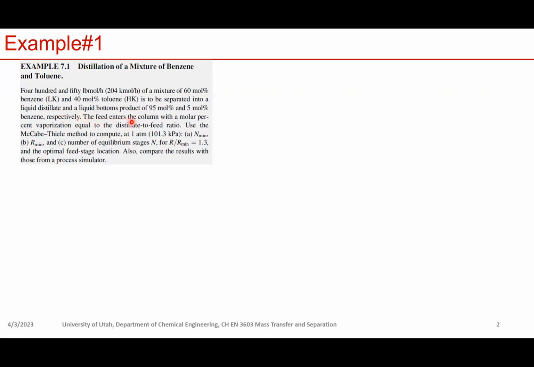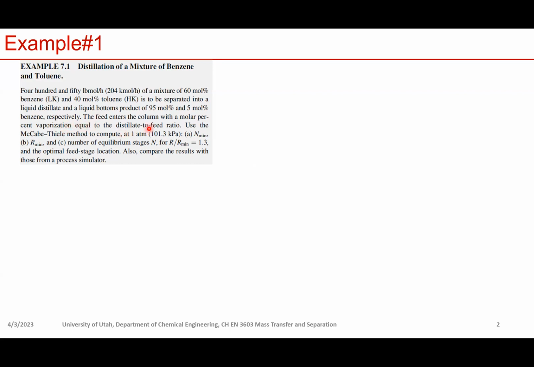So the feed enters the column with a mole percent vaporization equal to the distillate to feed ratio. Okay, pay attention here. So we have a feed, right? We don't know its state yet, but it's going to be vaporized. According to this statement, partially vaporized, which means the feed will be a mixture of liquid and vapor.